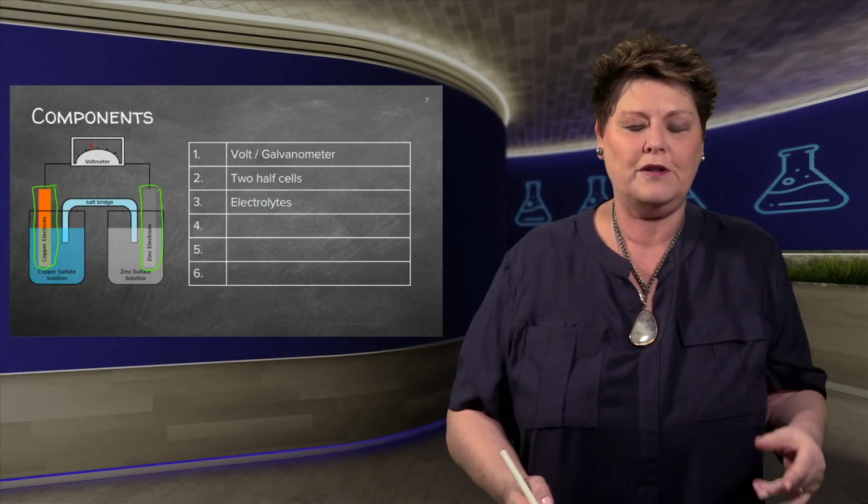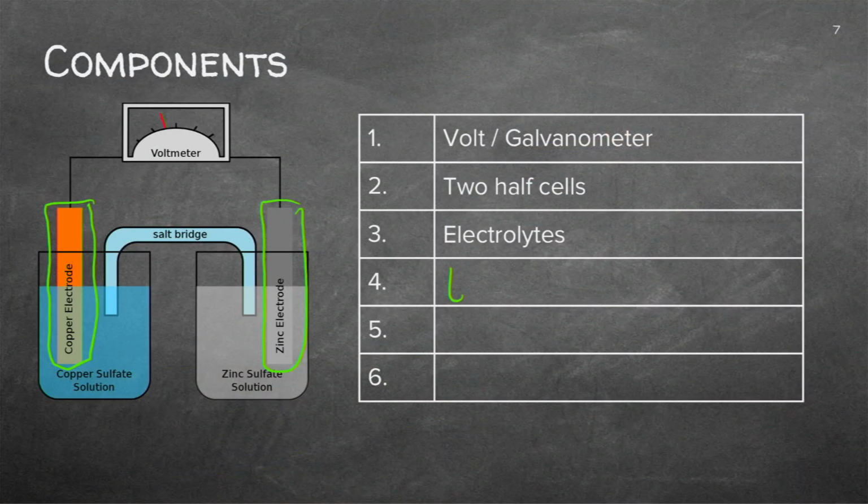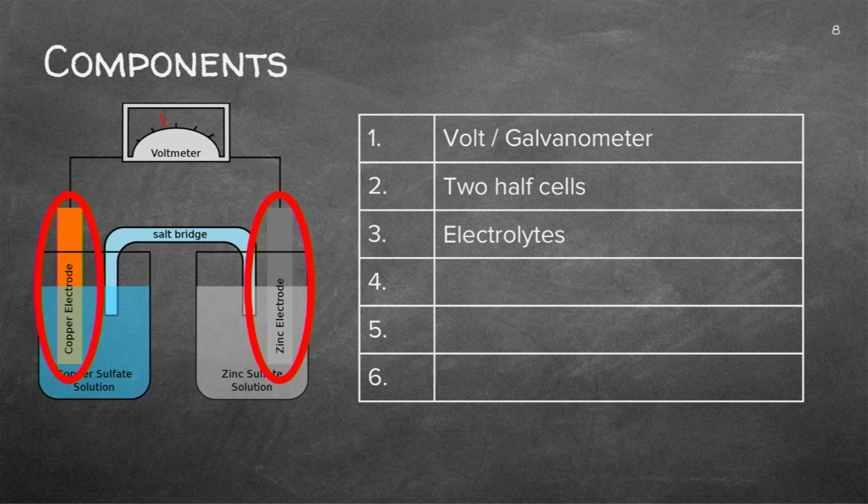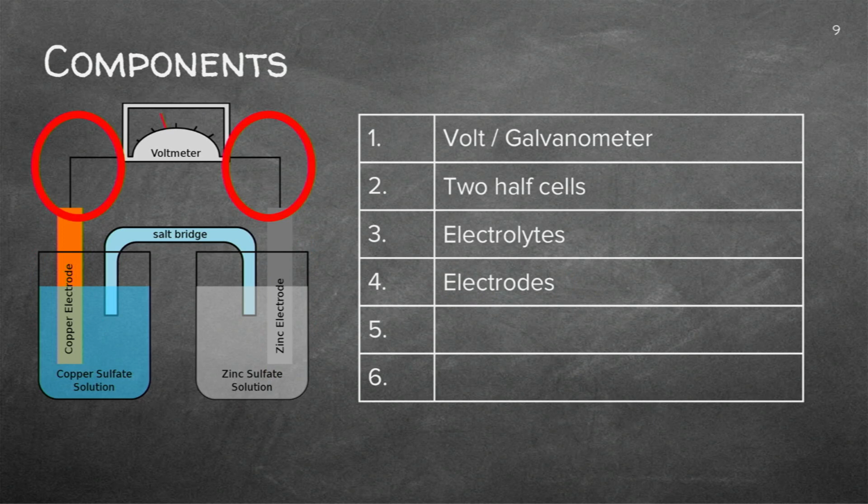It can be a few things. That we'll call the electrode. And you'll have a positive and a negative electrode, which we'll name in the next lesson. Okay, I think we've done those four now. We've covered the electrodes, the electrolytes, the voltmeter or the galvanometer.